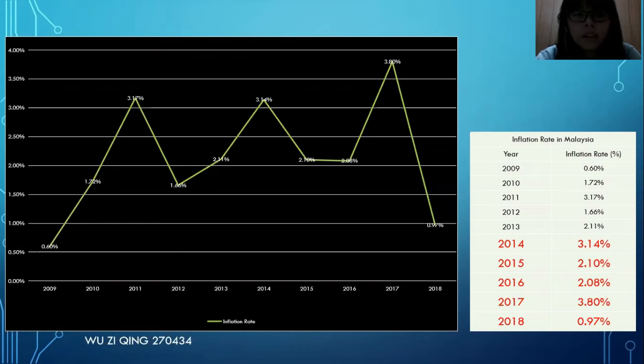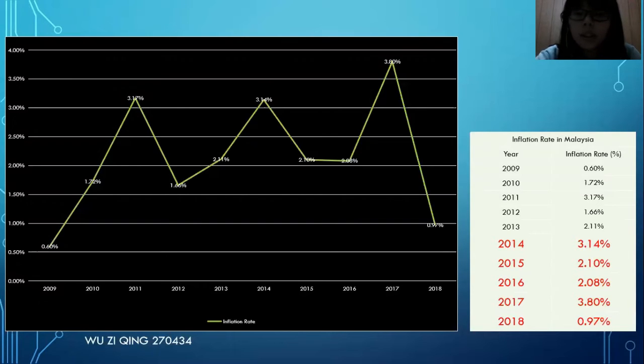On the other hand, there was a remarkable drop of inflation rate in year 2015, from 3.14% in 2014 to 2.1% in 2015. This remarkable drop may be caused by the decrease of production costs.